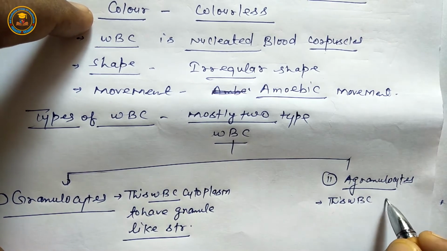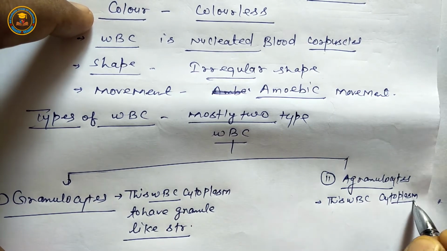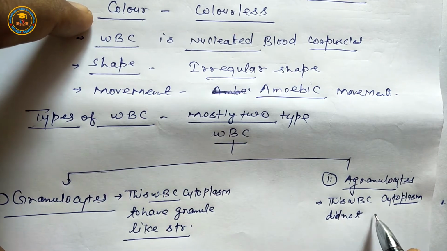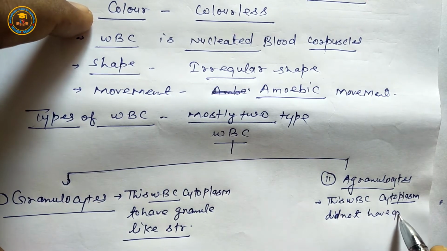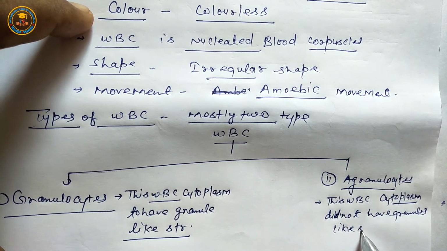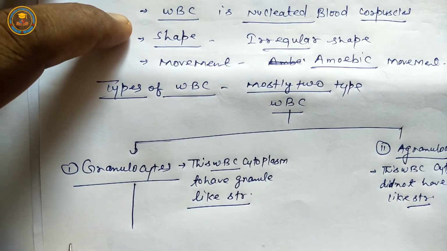This WBC cytoplasm does not have granules like structure, so it is called agranulocytes.